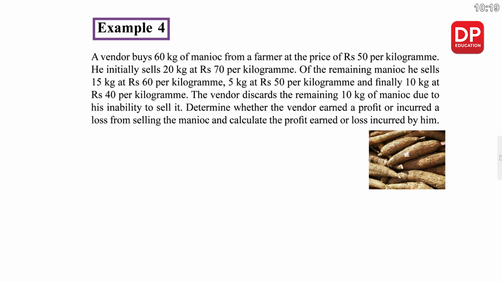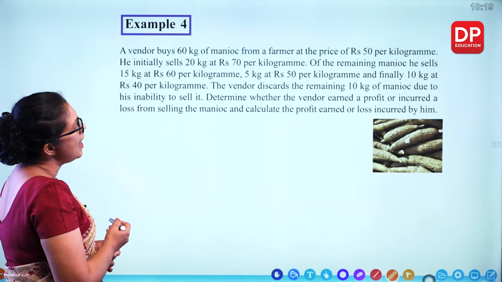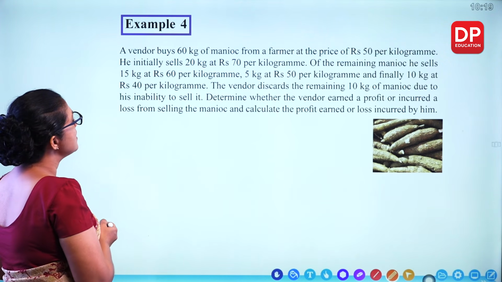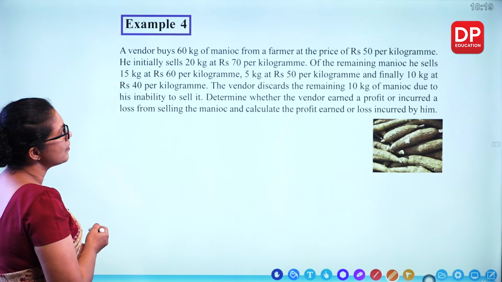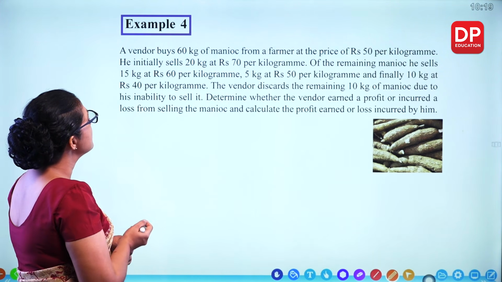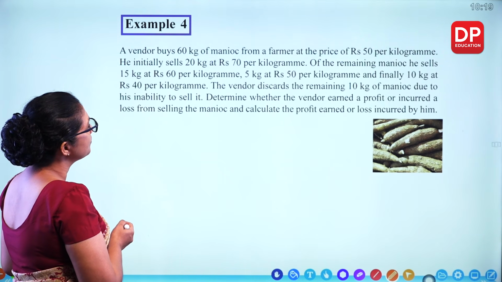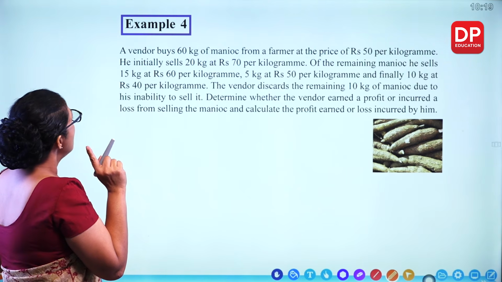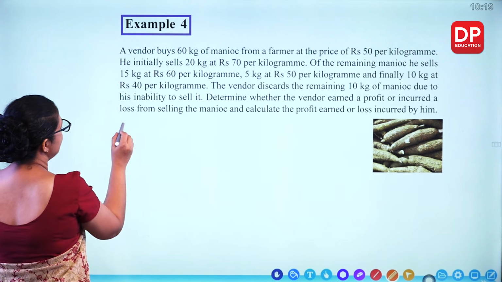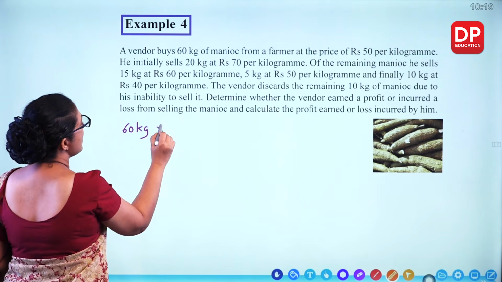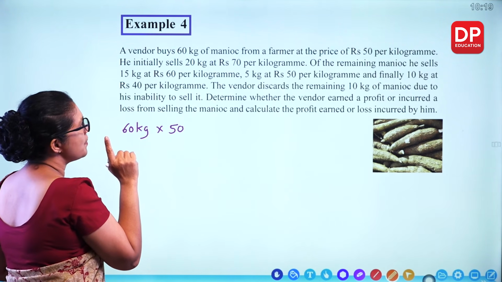Example number 4. A vendor buys 60 kg of manioc from a farmer at the price of 50 per kilogram. He initially sells 20 kilos at 70 per kilogram. Of the remaining manioc, he sells 15 kg at 60 rupees per kilogram. Now we'll try to get this question. 60 kilos altogether, 50 rupees per kilo.